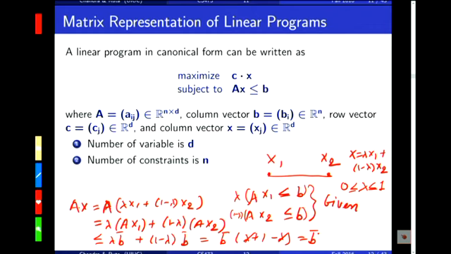So if you take 2 points which are feasible, which satisfy this linear constraint, then any convex combination will satisfy the linear constraints. And that is why the feasible region is a convex set.